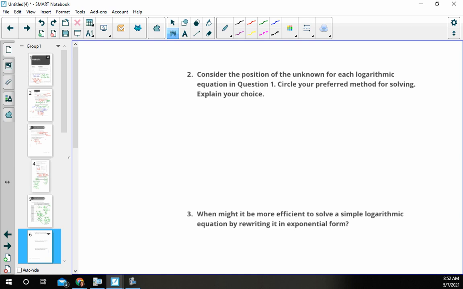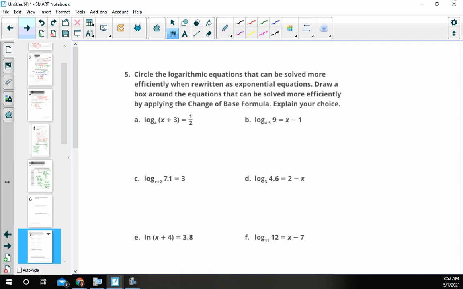Okay, so question 3, it's probably more efficient to solve a simple log equation by rewriting it into exponential form when the argument or the base is unknown. For number 4, it is more efficient to solve a simple log equation by applying the change of base when the exponent is unknown. Okay, so then in question 5, we're going to circle the logarithmic equations that can be solved more efficiently when written as an exponential equation.